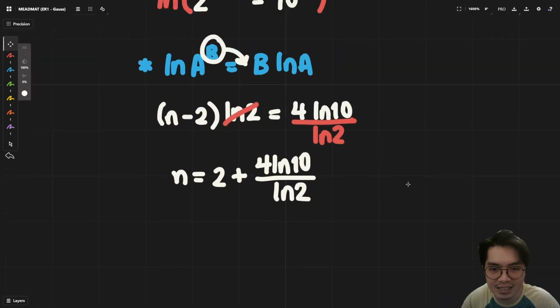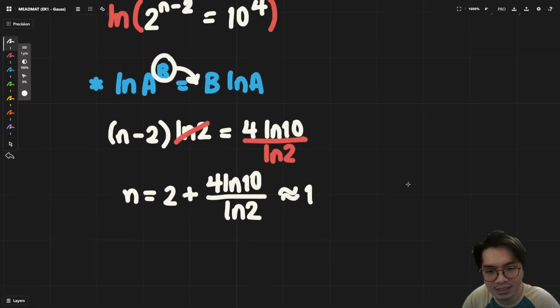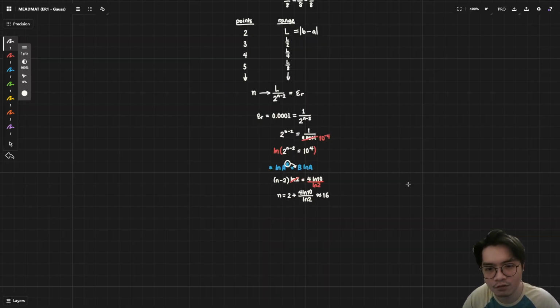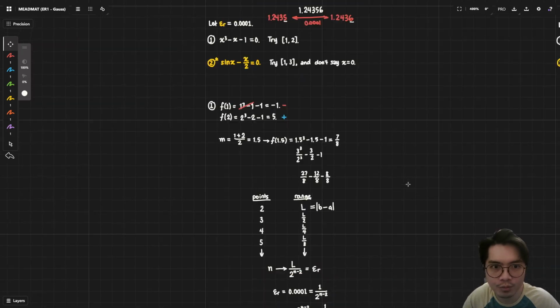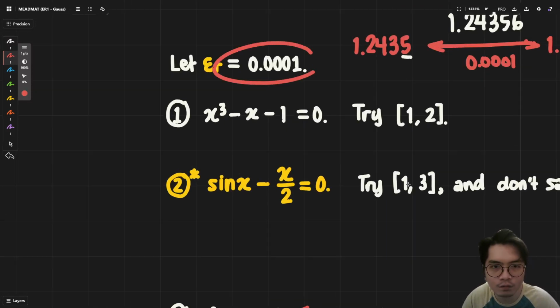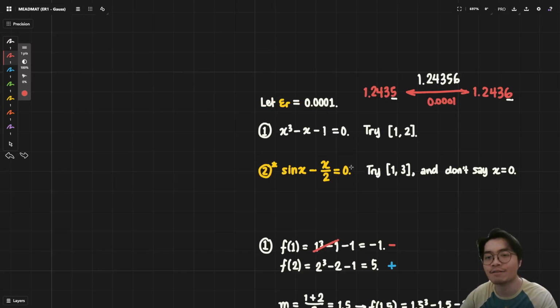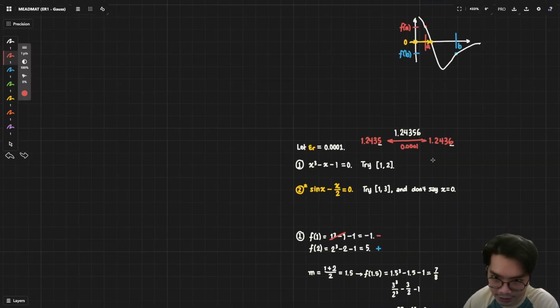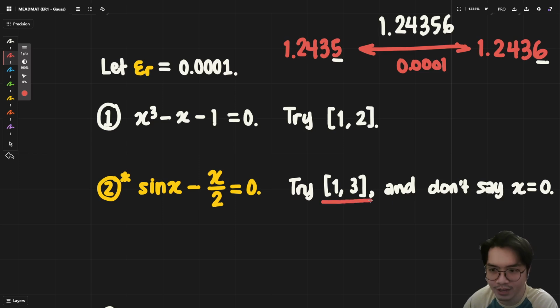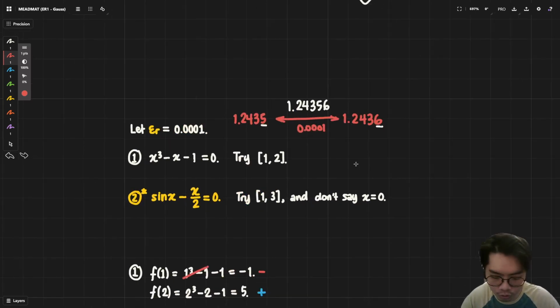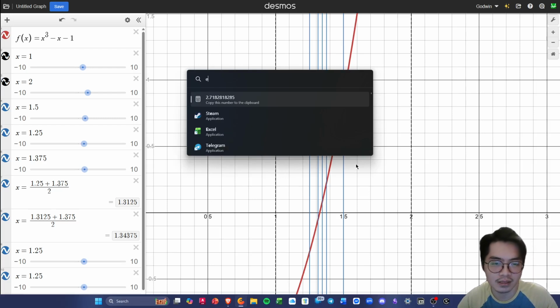You need 16 points to get to a bracket of 0.0001, and that is if your range is 1. If your range is 2, then it's going to take 17 points because you're going to have one more halving. Okay? And so what we will do now is go to Excel and try this out.